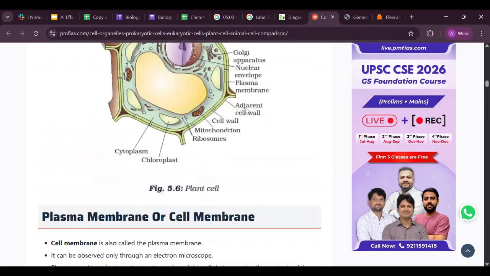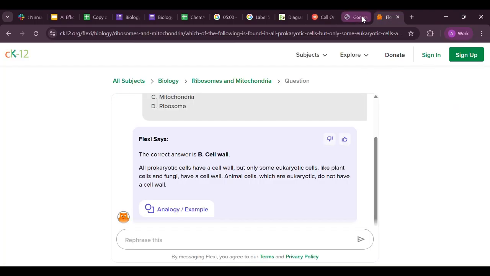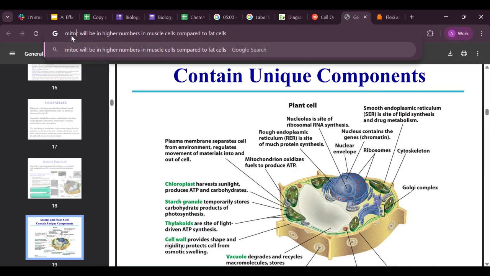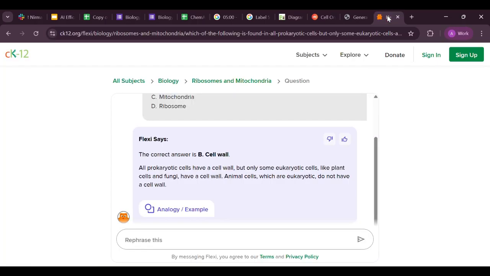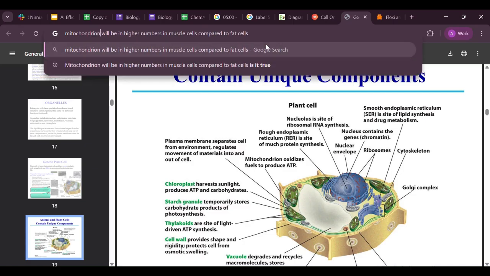Mitocho. Okay, let's check whether it is correct or not.